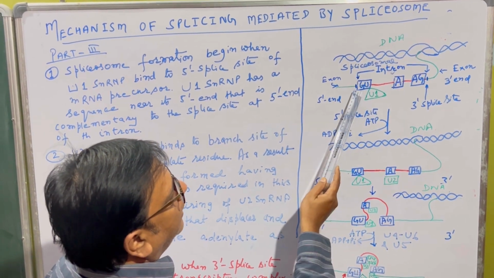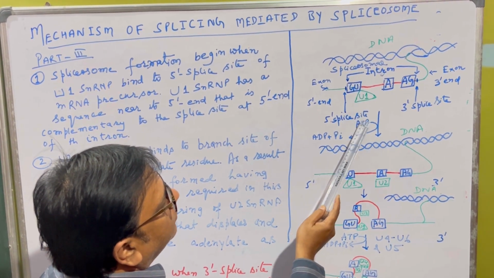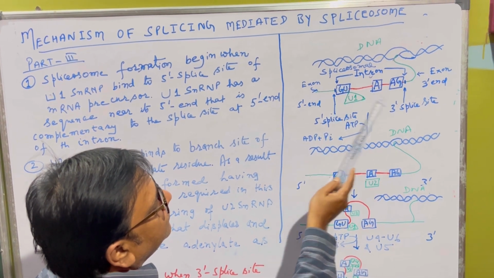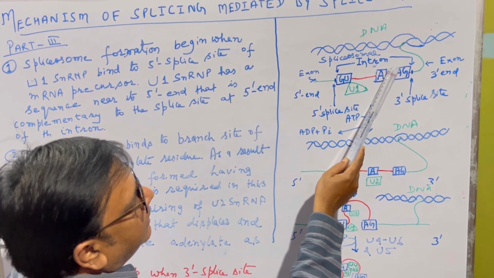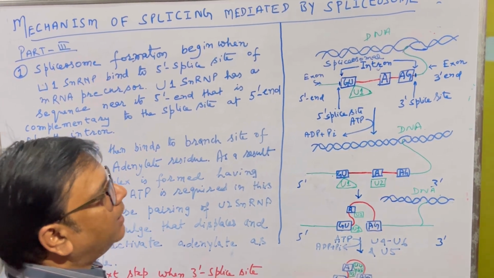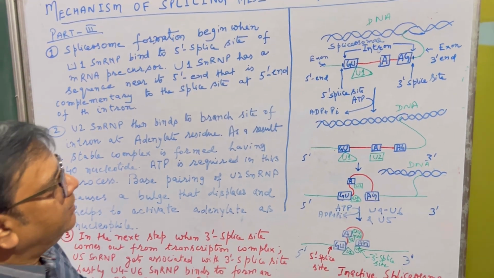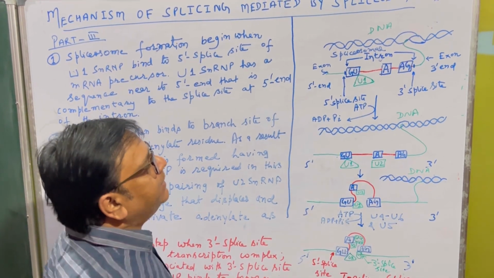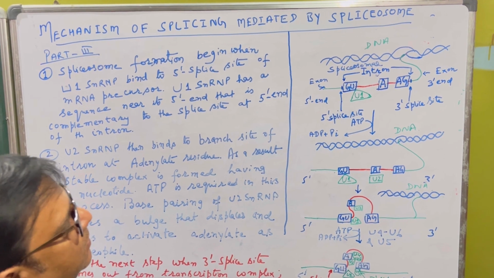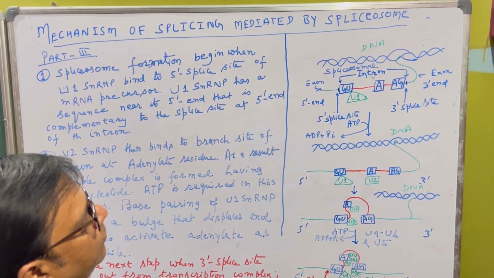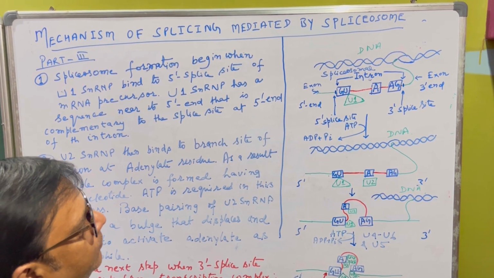Of course, at the 5' splice site you have the GU dinucleotide, and at the 3' splice site you have AG, and you have this branch site containing adenine. We have already discussed the composition of the spliceosomal intron in our previous lecture.